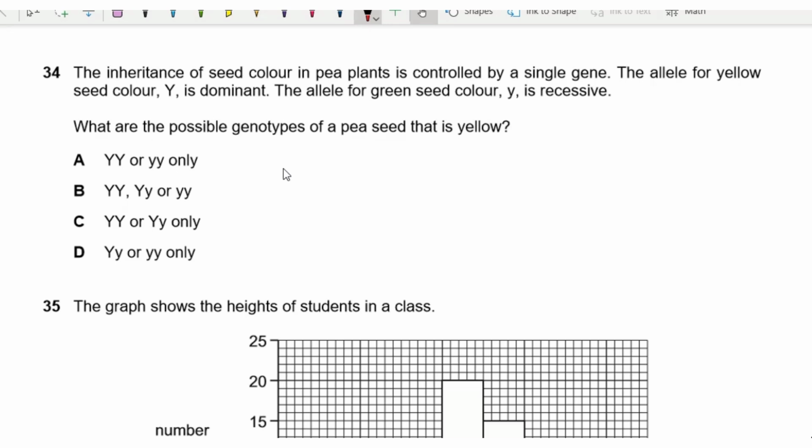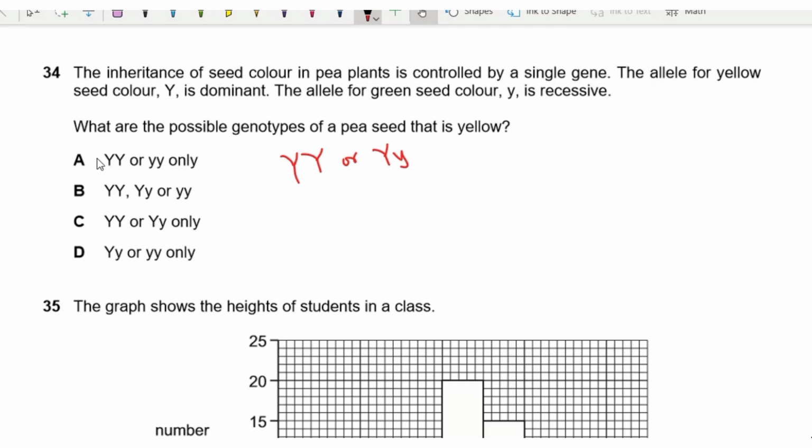A seed that is yellow in the presence of a dominant Y. Remember, dominant Y. Alright, so you can have yellow when you have two dominant genes, or when you have a dominant gene and one recessive. So the dominant gene will always express itself.